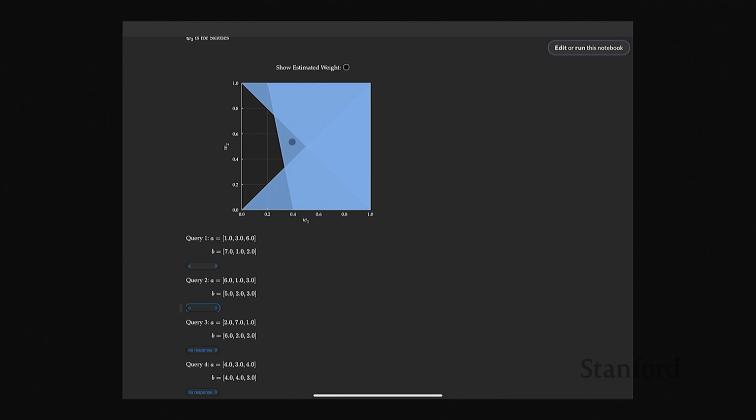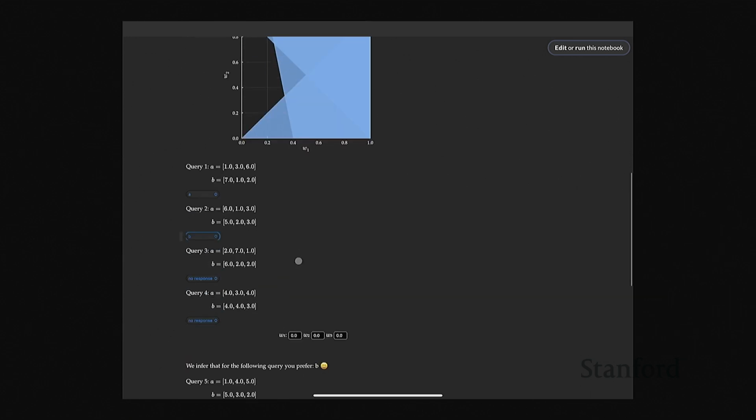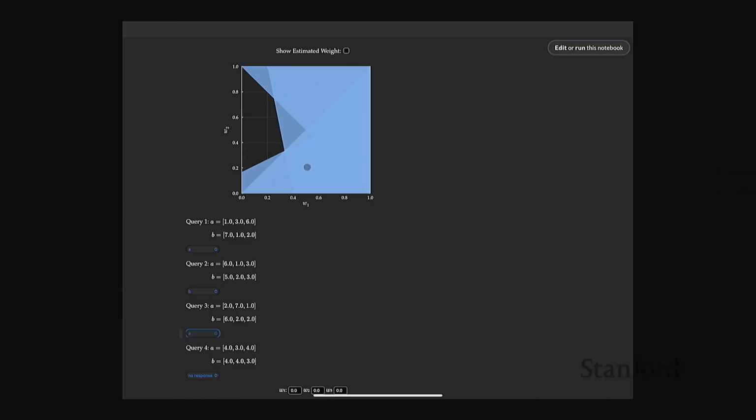We can see that we've now further restricted the space of possible weights. All right, next one, 271 versus 622. A, okay, great. He's had time to look at them and study this. Okay, this is great. So we've further restricted it a little bit more.